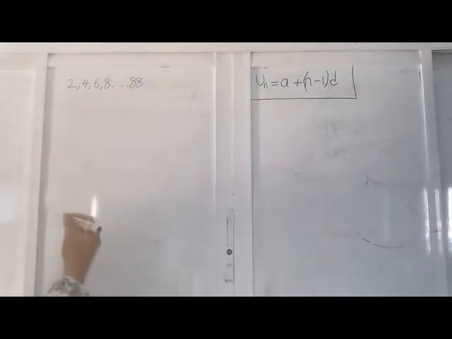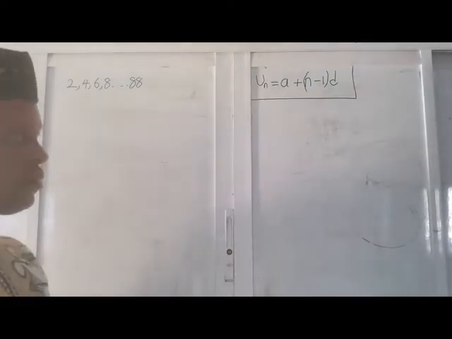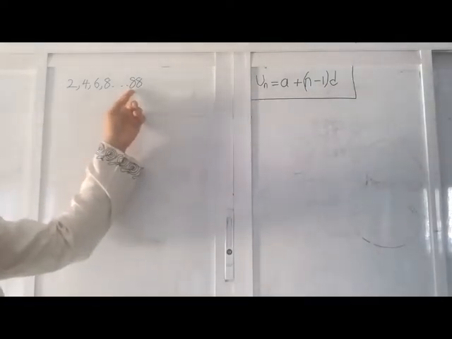And we are asked now to find how many terms are in this progression. So how will we be able to find how many terms we'll have? We already know that the last term in this progression is 88.